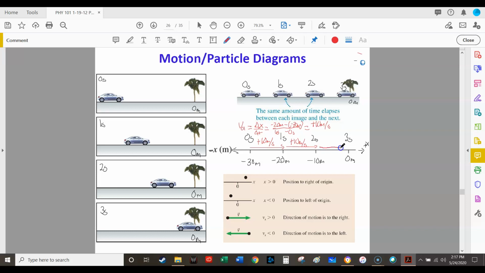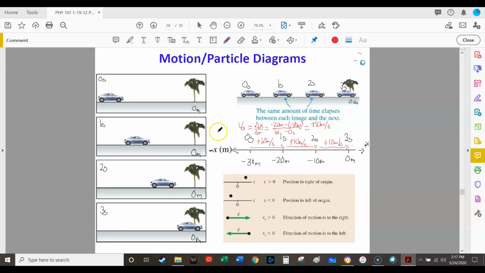And then finally, the last velocity vector is going to be the same. It's traveling to the right at 10 meters for every 1 second. So these motion diagrams are a great way to represent velocity, position, and displacement, as well as time.